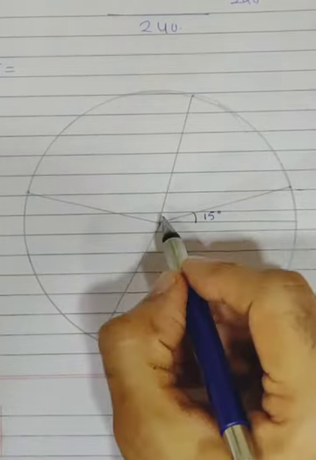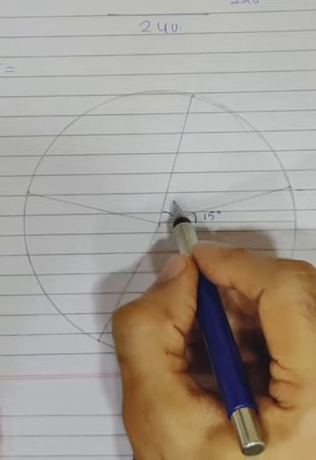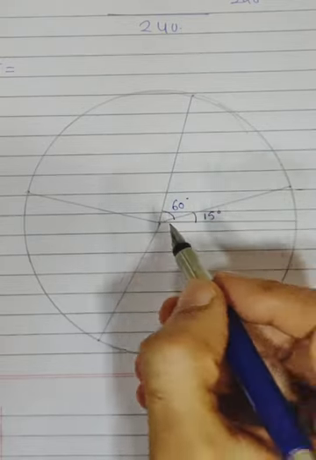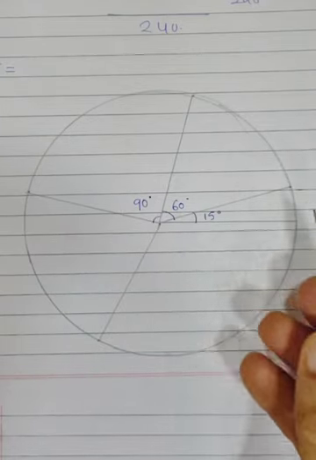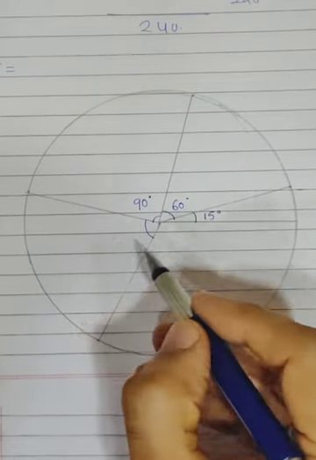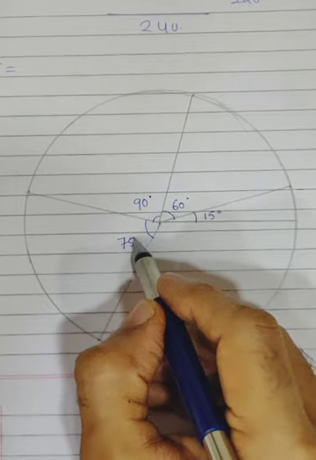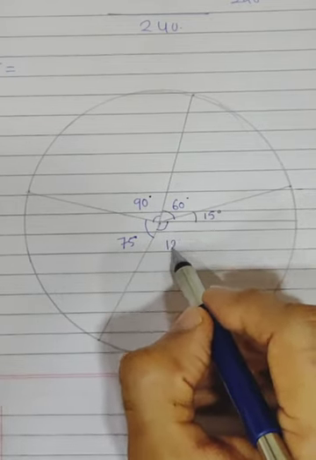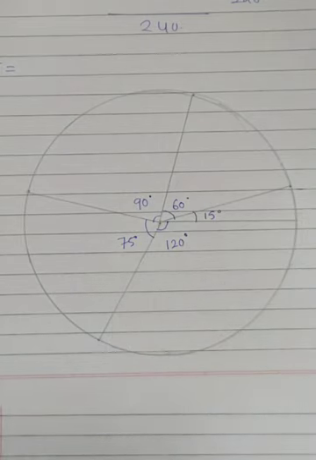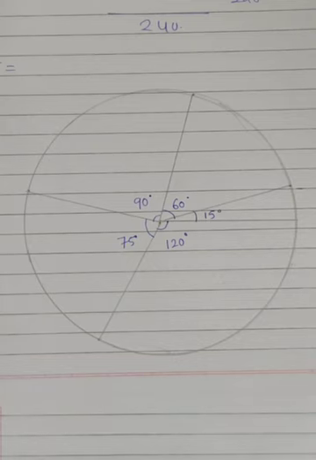This is 15 degree. This will be how many degrees? 60 degree. Then this will be what? 90 degree. Then here 75 degree. And then out here how much? 120 degree. Got it? So yeah, this is how you make a pie chart.